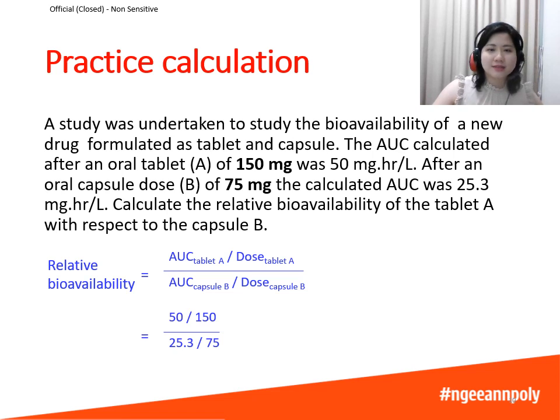Plug in the values. AUC of tablet A is 50, the dose is 150. AUC of tablet B is 25.3, the dose is 75 mg. Therefore, the relative bioavailability of tablet A with respect to capsule B is 0.988.